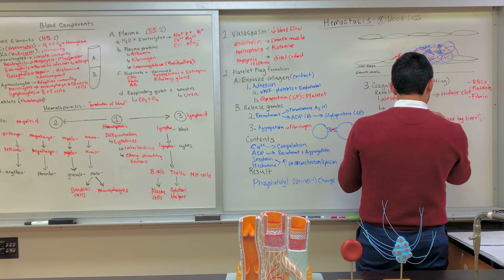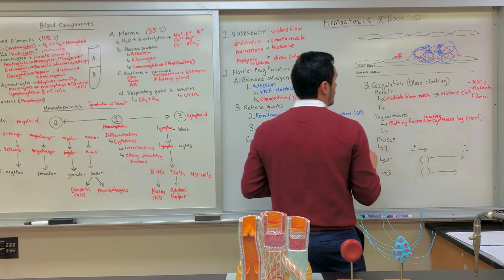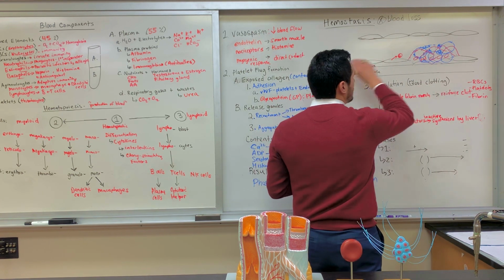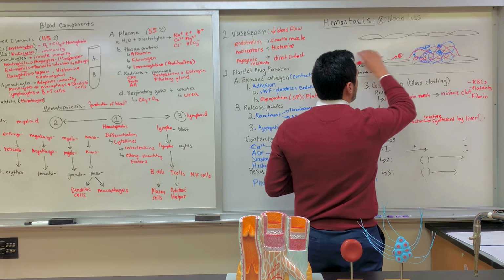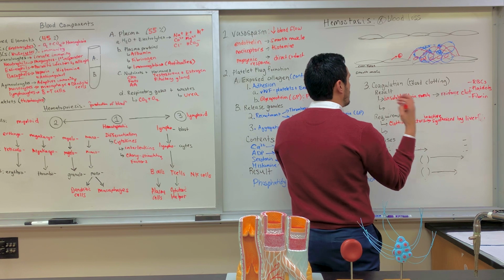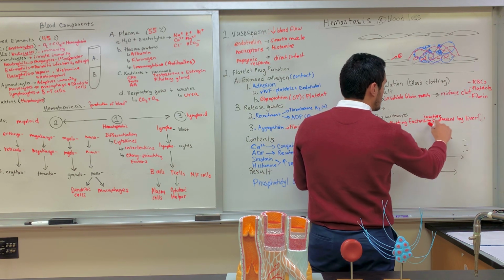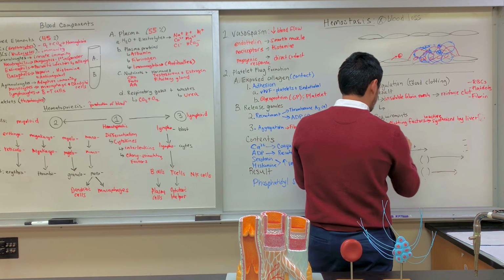Let's see, I'm going to write. They're in their inactive form because we don't want clotting to happen in a normal blood vessel. We only want the blood clot to form whenever there is a breakage. So these clotting factors are inactive.